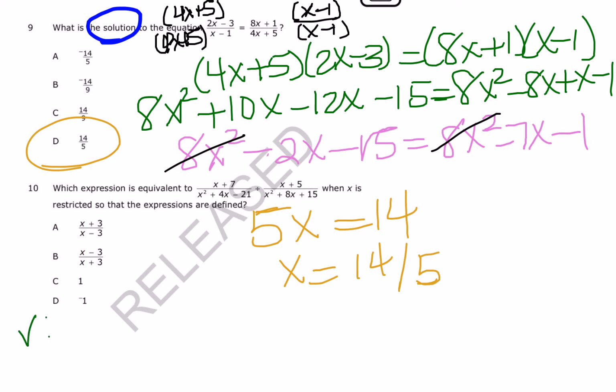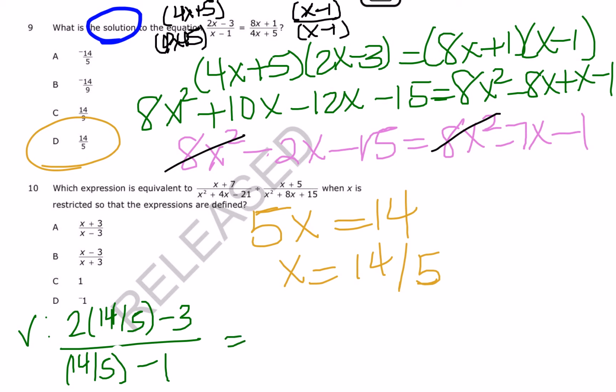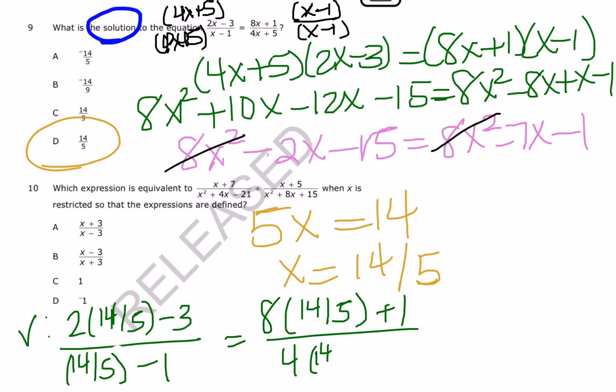So if I check my answer, it would be similar to plugging and chugging as I mentioned before. So I'm going to have 2 times 14 over 5 minus 3, all over 14 over 5 minus 1, equals 8 times 14 over 5 plus 1, all over 4 times 14 over 5 plus 5.